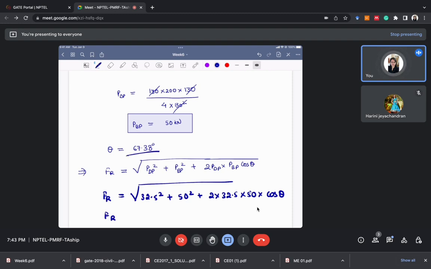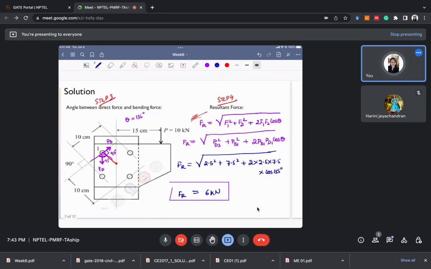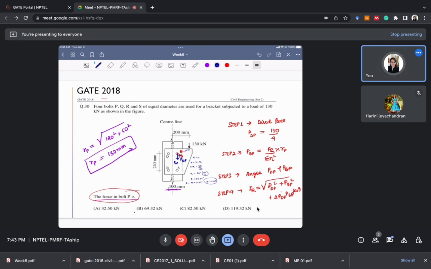The FR value comes out to be 69.3267 kilonewton. So out of the options, the answer is option B, that is 69.32 kilonewton.